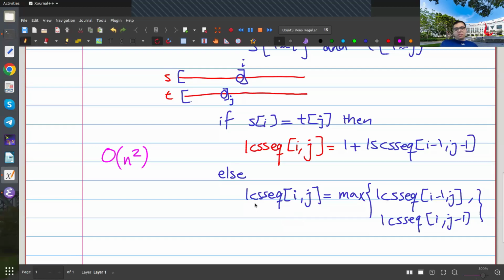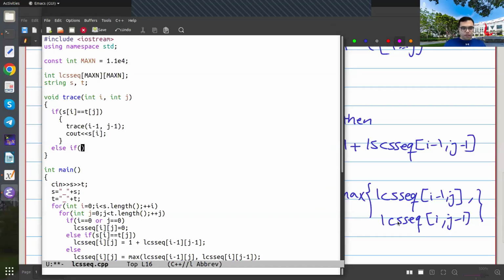Otherwise, I know that when I was calculating this value at Ij, I took one of these two. But which one did I take? I have to figure that out. I have to see which one is the larger one, and I have to trace this larger one. So in this case, I know that Si is not equal to Tj.